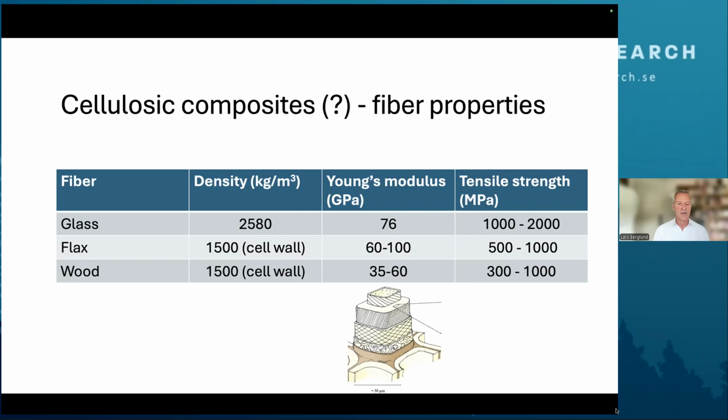So this is where the variation comes from. And also, we tend to damage the fibers during processing. And that's why the range for strengths is quite large in the right-hand side column there. So that's our challenges. So we need to be kind to our fibers in order to utilize the plant fibers fully.